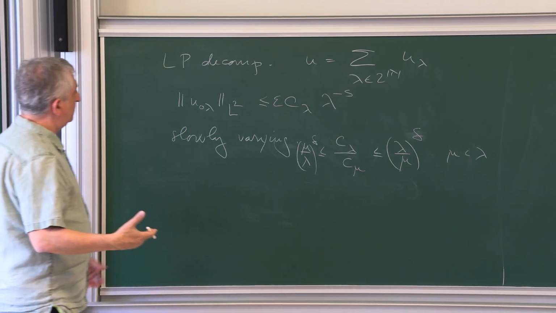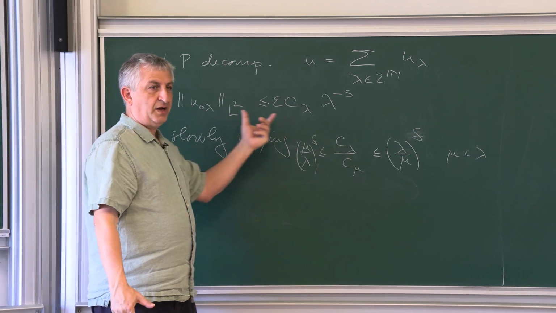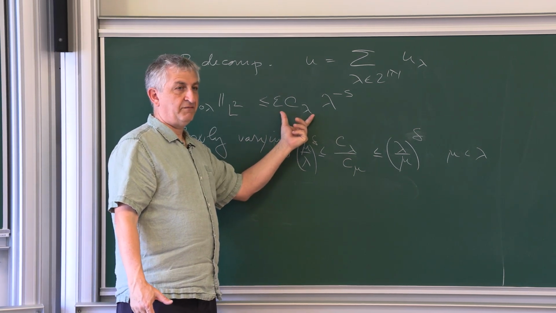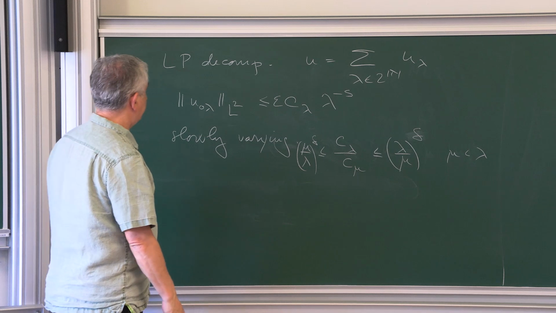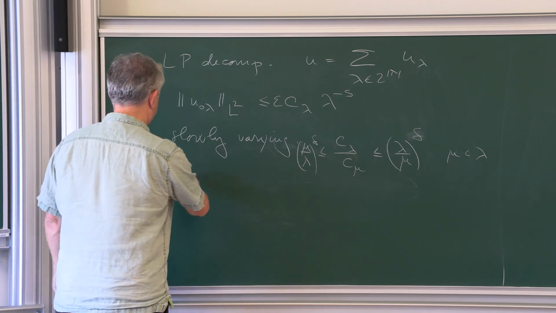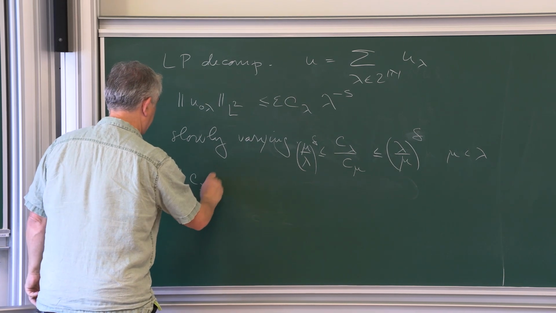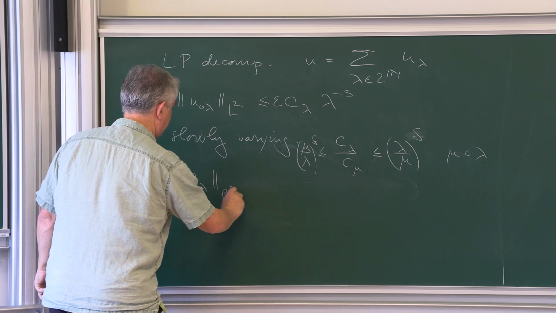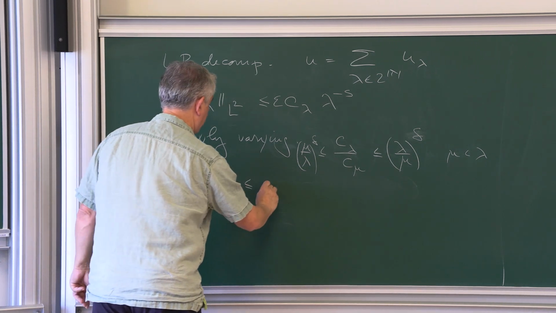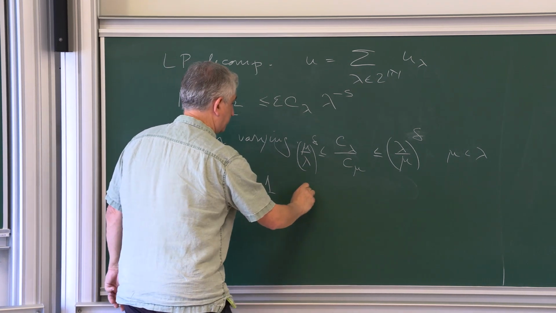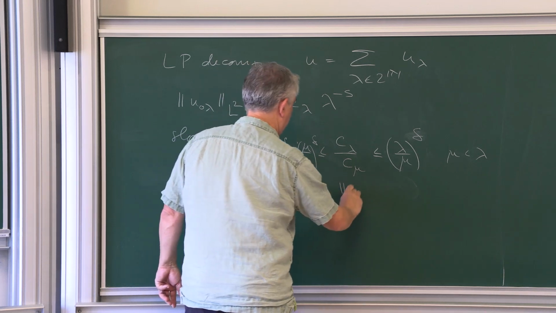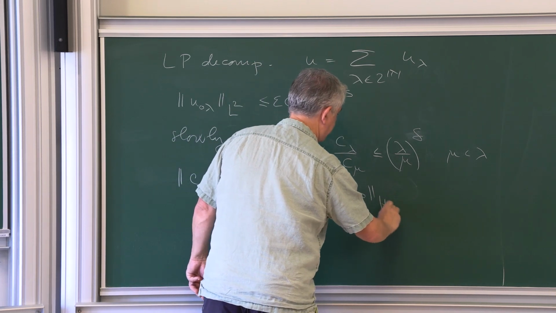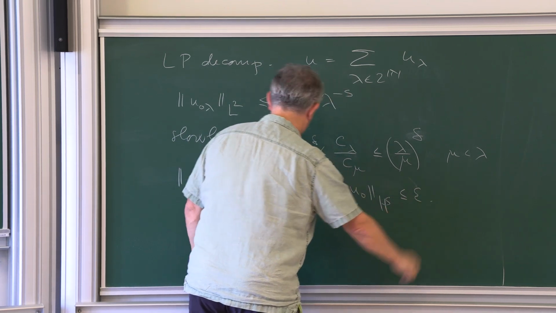And so in this way, we put our initial data under an H^s envelope. And if we do this, then we have ensured that the norm of c lambda in l2 is smaller than 1, which corresponds to a norm of u0 in H^s smaller than epsilon, right?